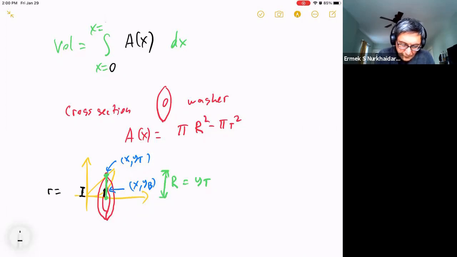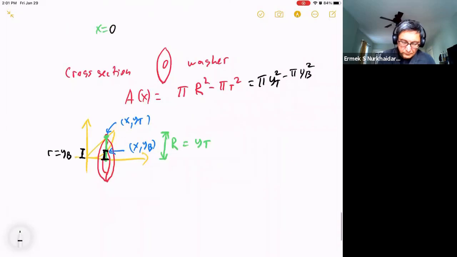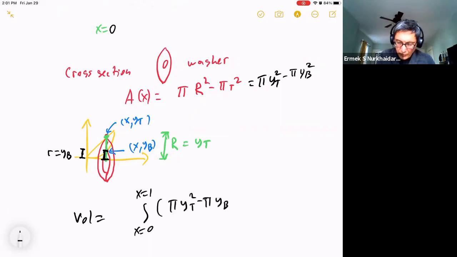And you see it's the distance from the bottom point to the x-axis, so it's y bottom. And as soon as we realize that, we are ready to write down: volume equals integral from x equals 0 to x equals 1 of pi y top squared minus pi y bottom squared dx.